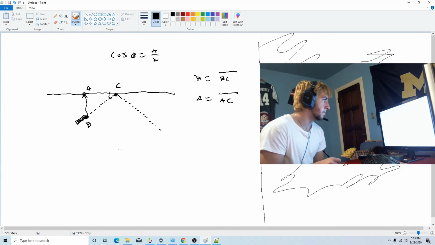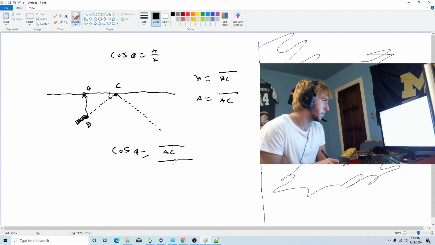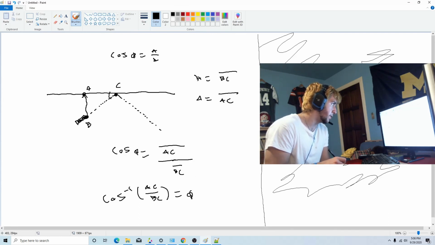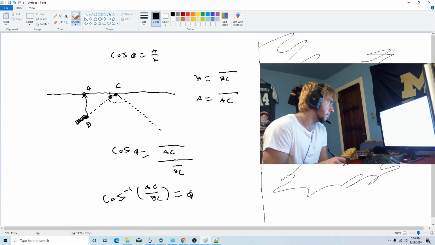So now, cosine of theta equals distance AC over distance BC, and then inverse cosine of AC over BC equals theta. That represents this angle here. What we're really trying to find is this larger angle.